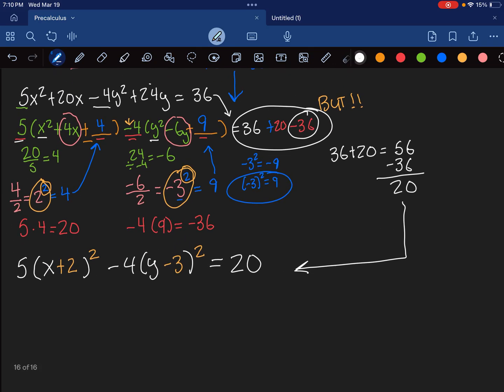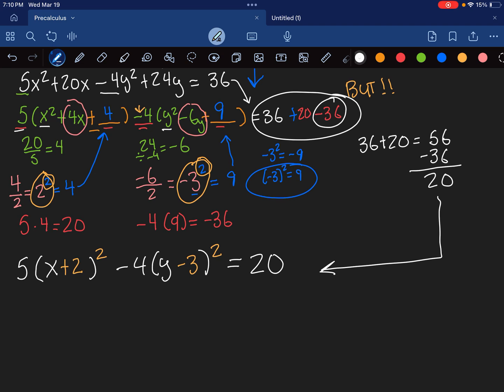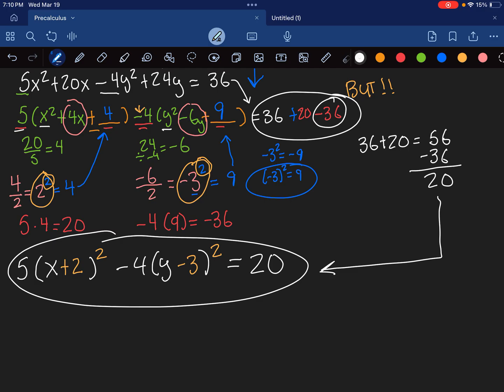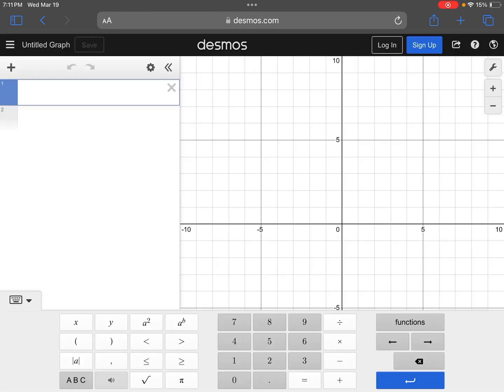And this is what we got so far. I found something quite interesting whenever I was solving this. So what I did is I put this equation right here into Desmos. Let me show you real quick what that looks like.